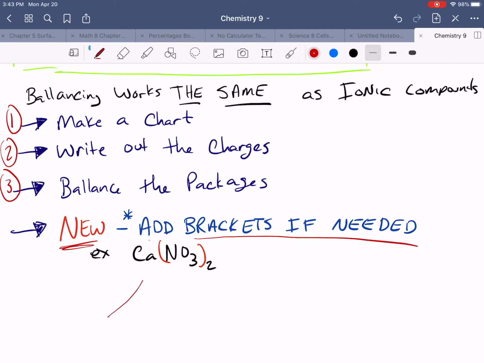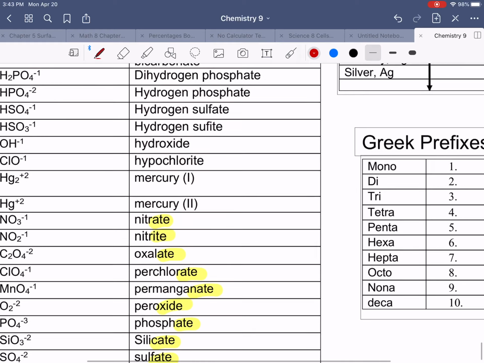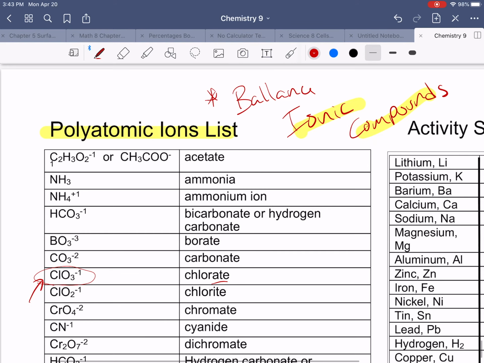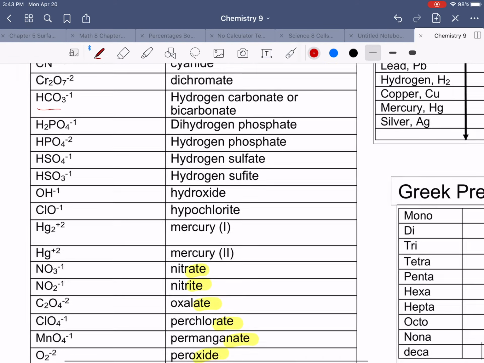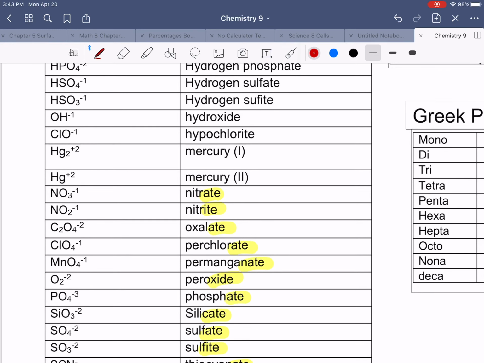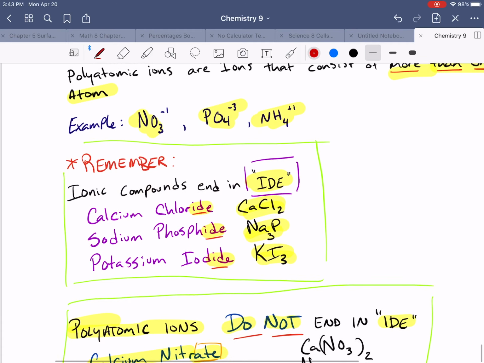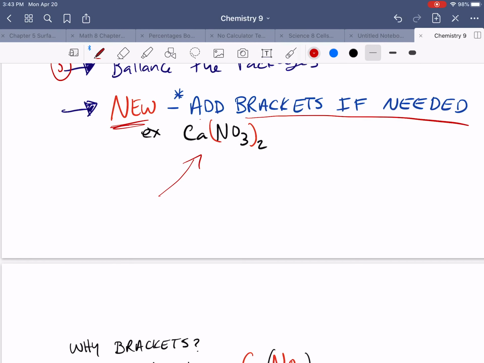For instance, in this particular formula they're needed because this is calcium, and NO3, if we go up to this chart and find it, NO3 right here, is nitrate. So it has a charge of -1. Going back down here, calcium has a charge of +2, and nitrate, NO3, has a charge of -1.